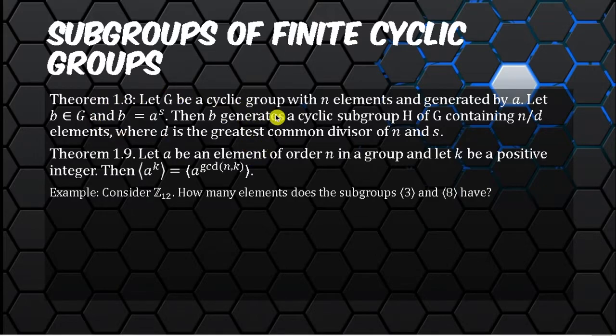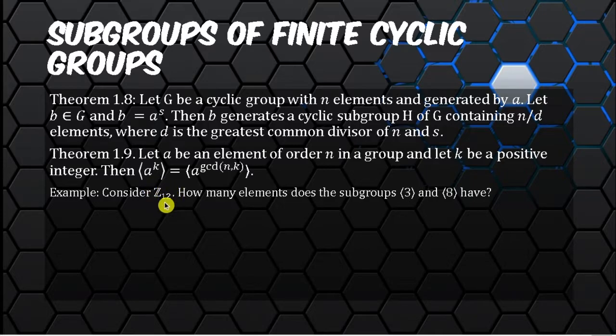By using this theorem, without even evaluating it, alam na natin kung ilan yung laman ng isang subgroup. Remember, we are talking about the number of elements. Ito, containing n over d elements, where d is the greatest common divisor of n and s.